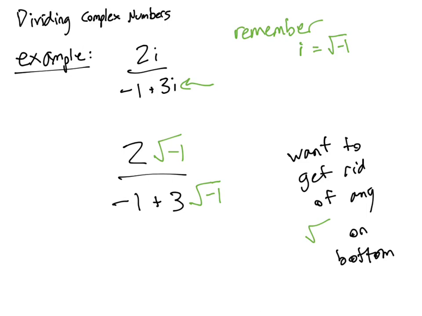What we can do is multiply the numerator and denominator times the conjugate. So we need to be careful that we cannot just cancel out these square roots, because that is not the method we use to get rid of square roots in fractions. We need to instead multiply the top and bottom of our fraction by something that will cause the square roots in the bottom to cancel out.